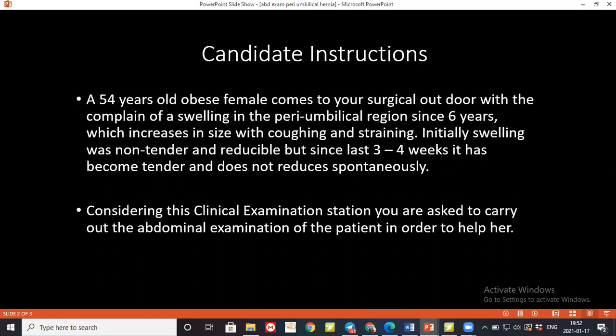What investigations would you do to confirm your diagnosis? Okay, first of all, I will take a proper history of the patient. Then I will do basic blood analysis to check blood counts and urea and electrolytes. Then I would like to perform an abdominal CT scan and ultrasound of the abdomen. Abdominal CT scan and ultrasound can help me delineate the cause of swelling and whether or not bowel is part of the hernia content.